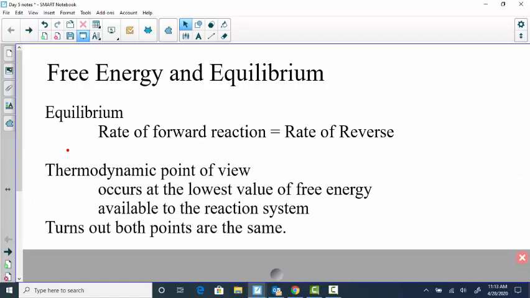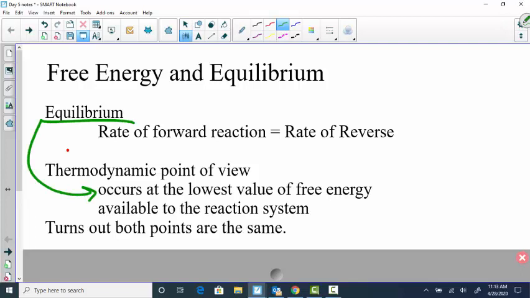And this is weird, it's just from a thermodynamic point of view, equilibrium occurs at the lowest value of free energy available to the reaction system. So both of those points, it actually turns out, are the same exact point.